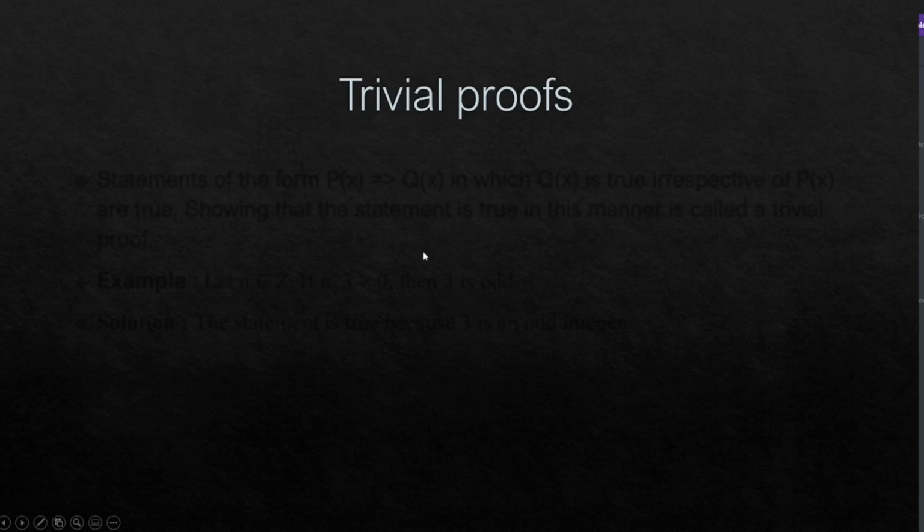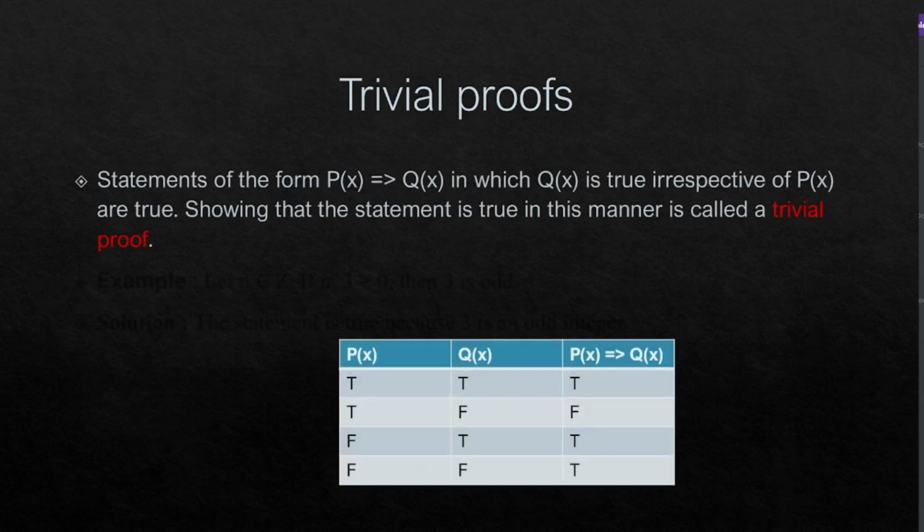The first thing we'll be showing is trivial proofs. When we have an implicational statement, P implies Q, in which Q is true irrespective of the first part, P of X, being true, showing that the statement is true by virtue of this methodology is called a trivial proof. So what happens is, if Q of X is true, in both cases in the truth table, we will get that the implication is true.